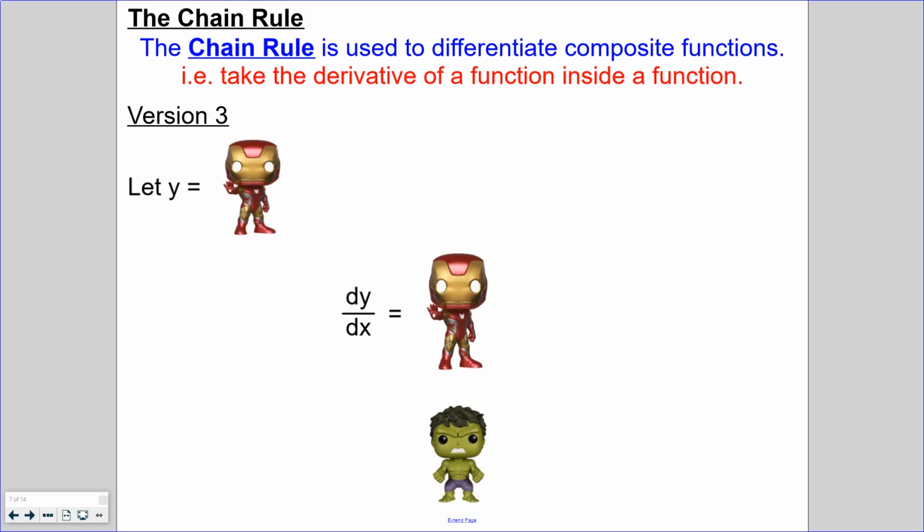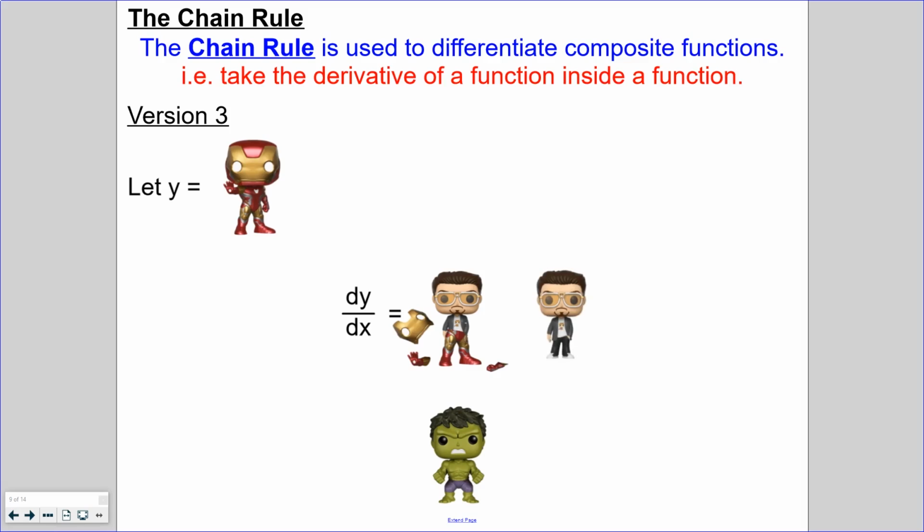And in order to take the derivative, we're going to Hulk smash Iron Man. So let's go ahead, let's take the derivative. So Hulk smash! And we're left with a broken Iron Man, hence derivative of the outside. But Tony Stark stays nice and protected on the inside, our untouched inner function. So now that Iron Man has been derivatized, Tony Stark then jumps out and he escapes.